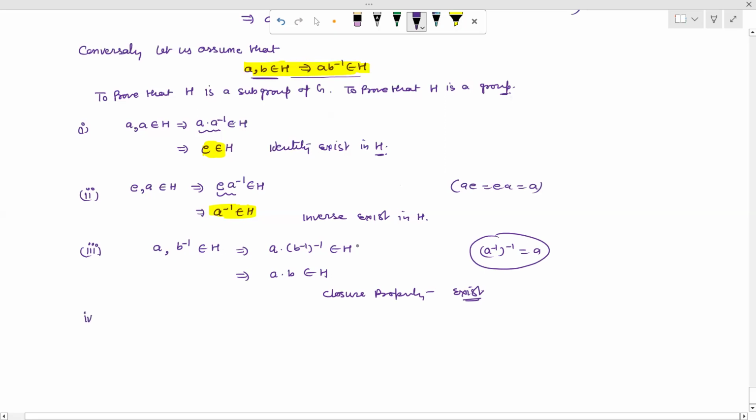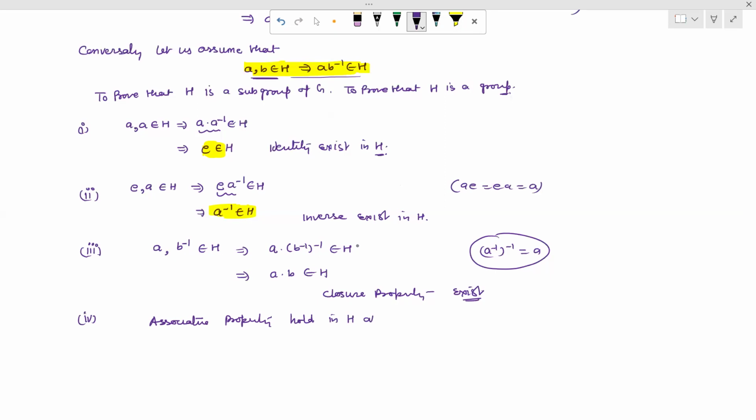Now one property remains, associative. The associative property holds in H also.